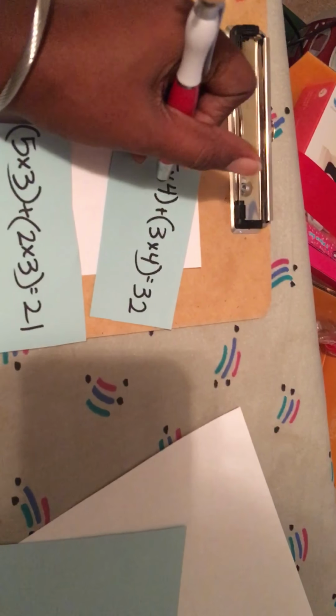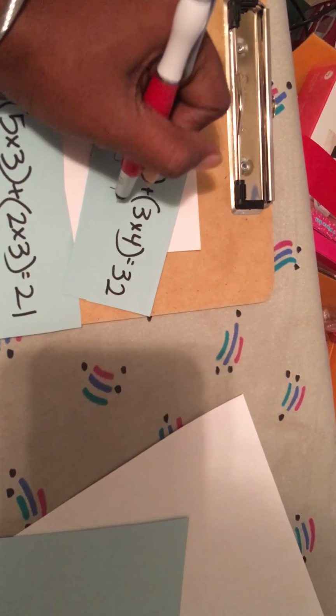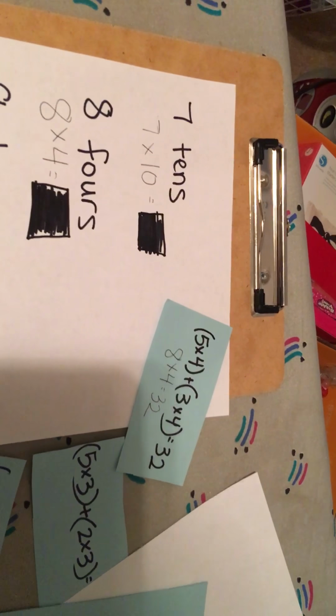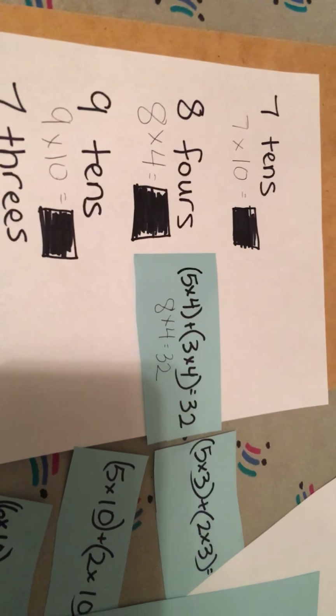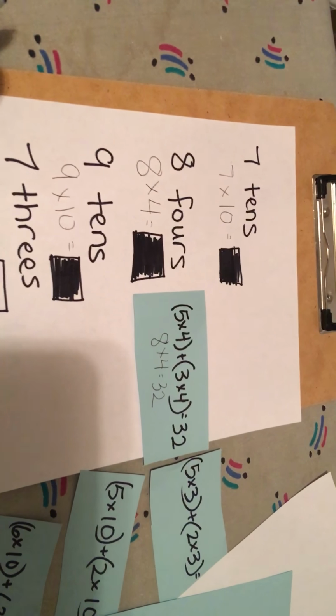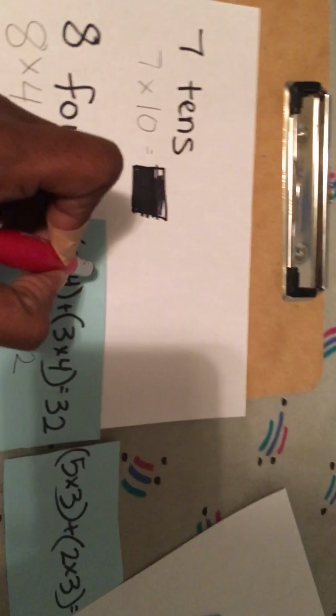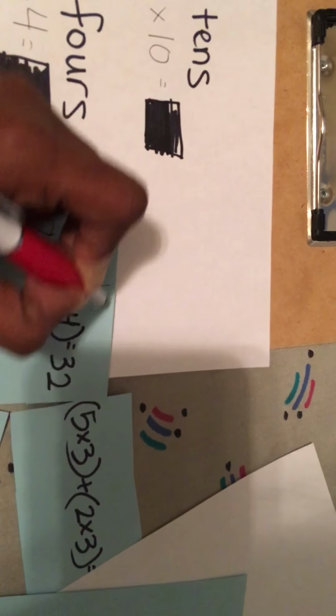So this problem was 8 times 4 equals 32. We decomposed the 8 into 5 and 3. Instead of 8 times 4, 5 times 4 plus 3 times 4 makes it easier because now I'm just adding 20 plus 12. That gives me 32.